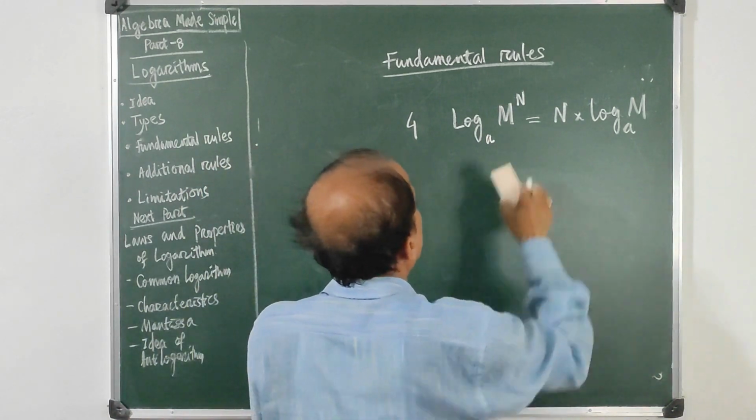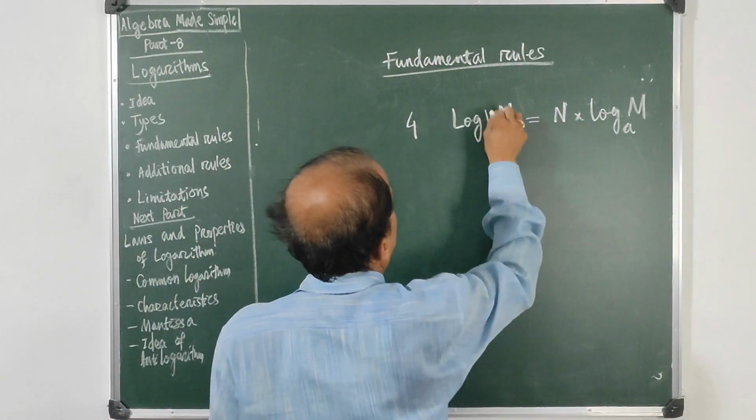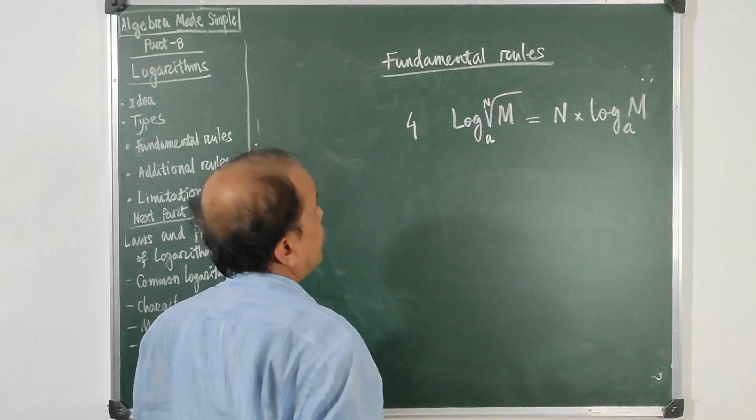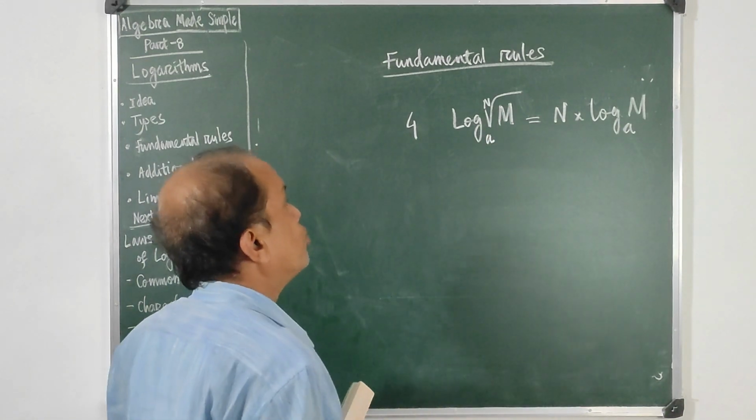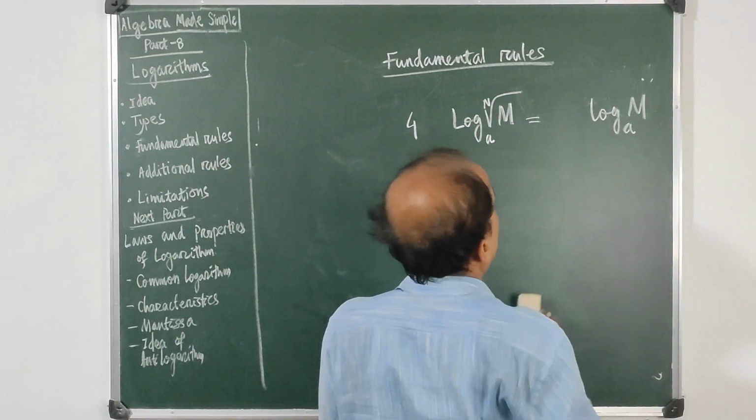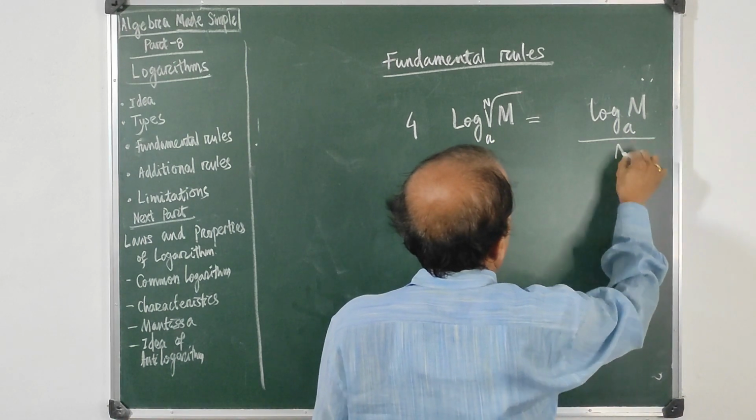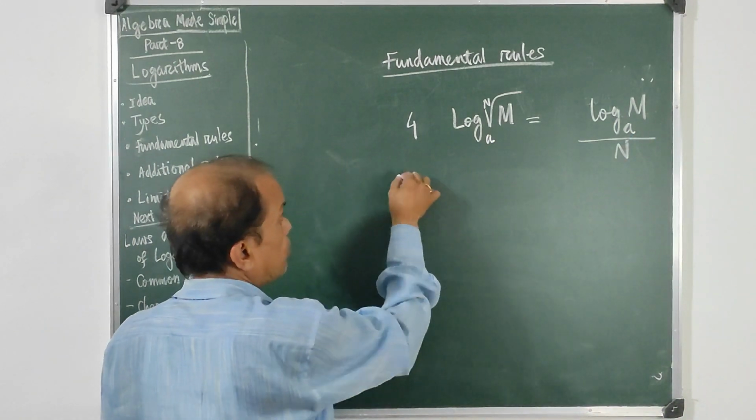Here we have log of nth root of m to the base a, which should be equal to log m to the base a divided by n. Let us take an example.